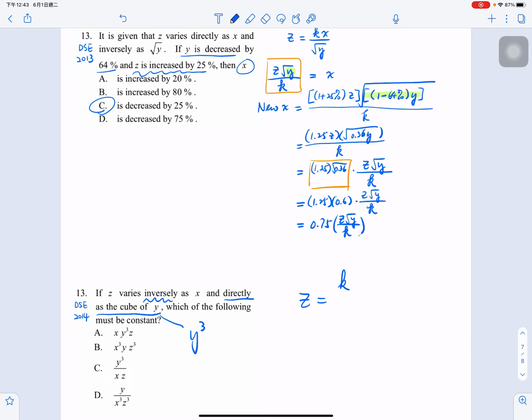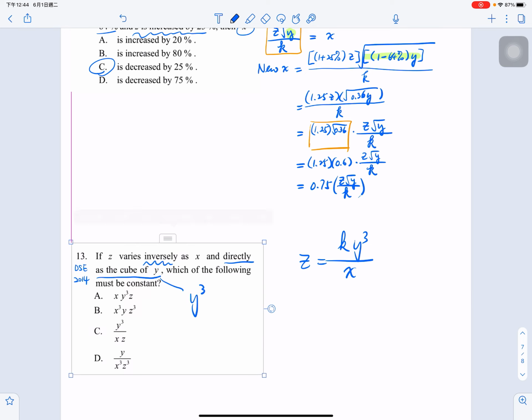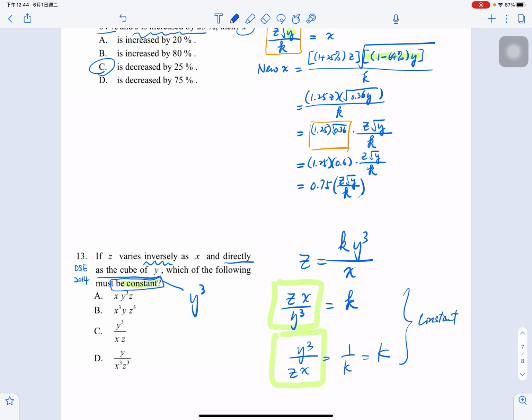So k cube of y and then varies inversely as x 就會咁樣啦。咁佢就問你邊個係一定係 constant 喎？OK，點樣去知道佢係個 constant 呢？Must be a constant。咁即係話可以寫成 k 咯。So this one as k。So zx over y cube as k。咁你發覺，咦，我見唔到有喎。唔緊要，y cube over zx equals 1 over k。呢個其實係另外一個 constant 啫。咁都係 constant，所以無論呢個或者呢個 expression 都係 constant 嘅 expression。OK？So at the end you found that C is the answer.